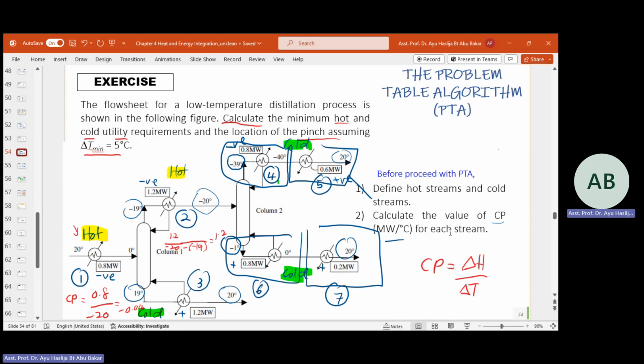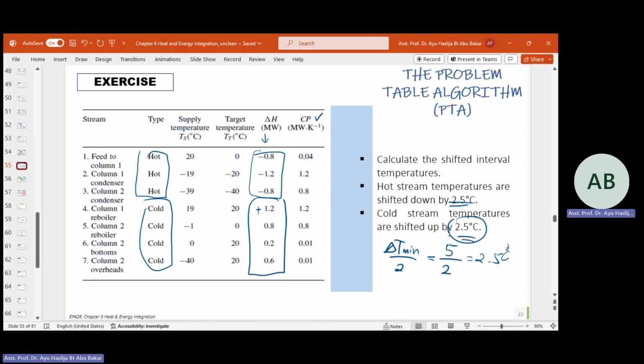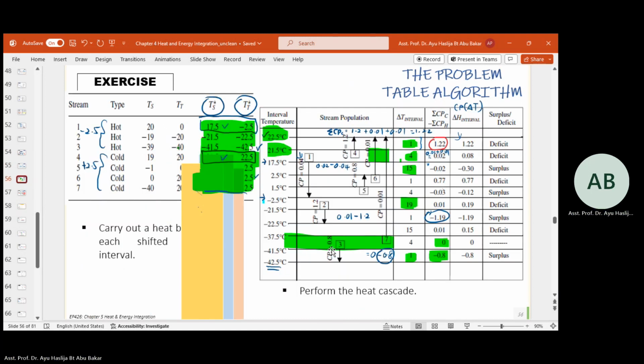Then calculate CP, delta H, the delta T. And then you can proceed with the shifted temperature in order to do the table algorithm.